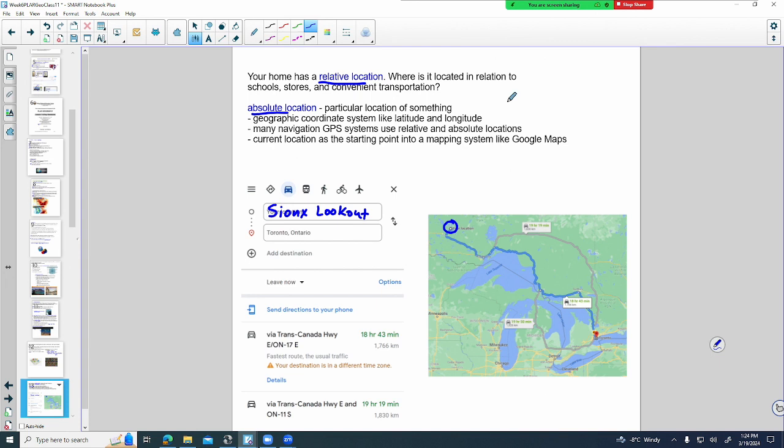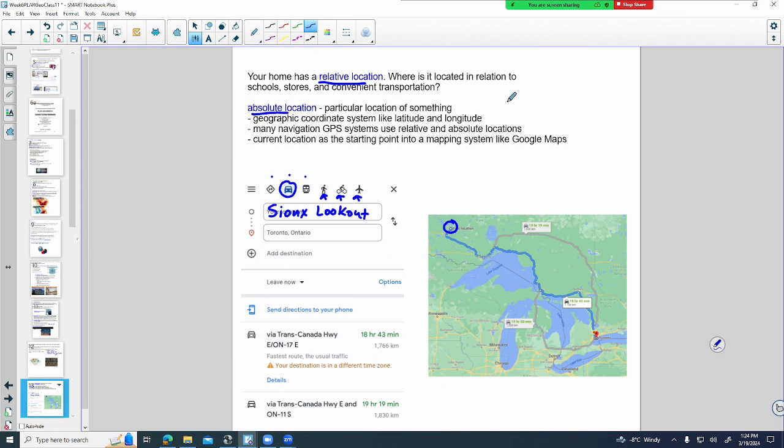So you can do this on Google Maps. You go for directions. Notice there are different ways you can choose for directions. You can use walking, biking, air travel. This one I chose the car.